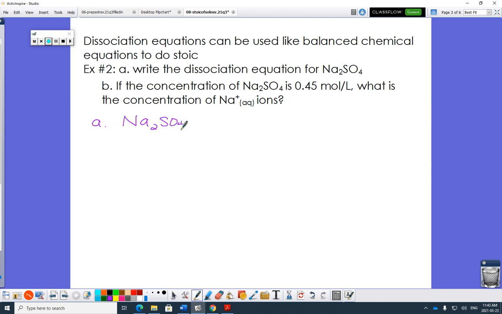So you get the formula for the solid. We have 2 sodiums. And 1 SO4.